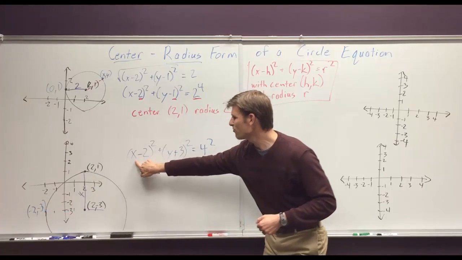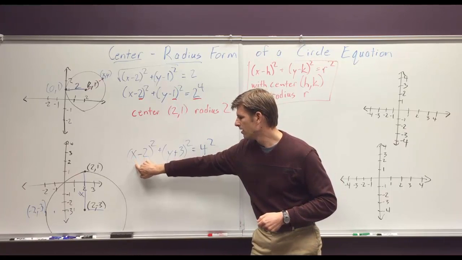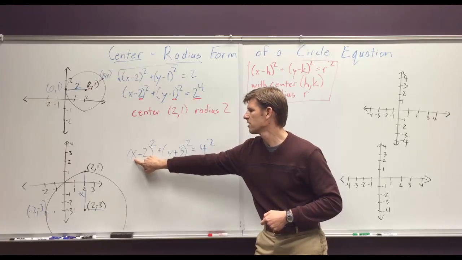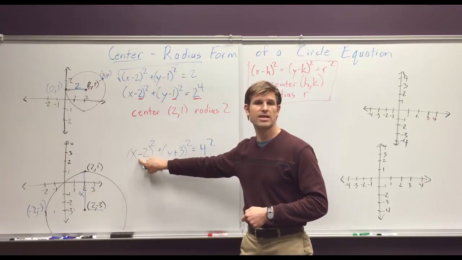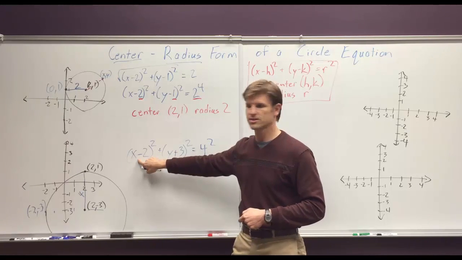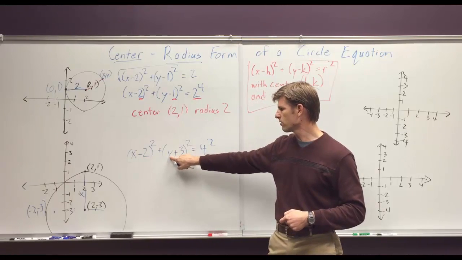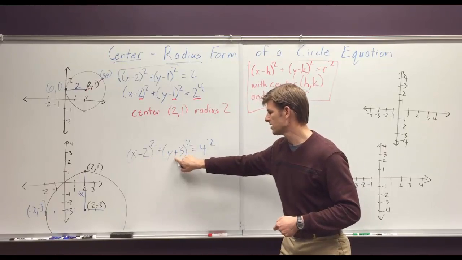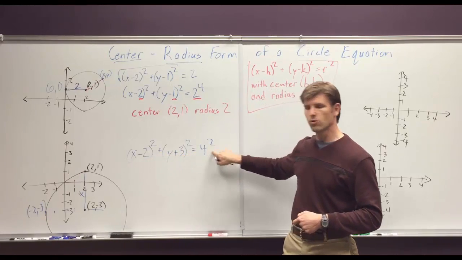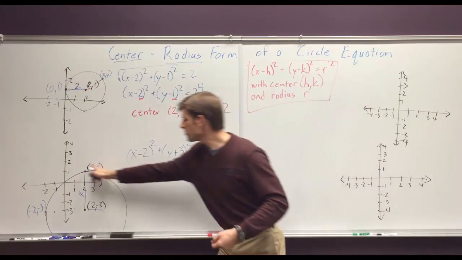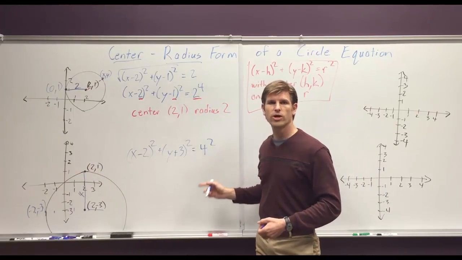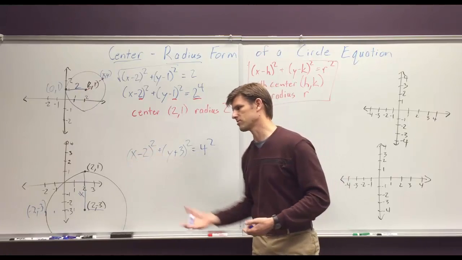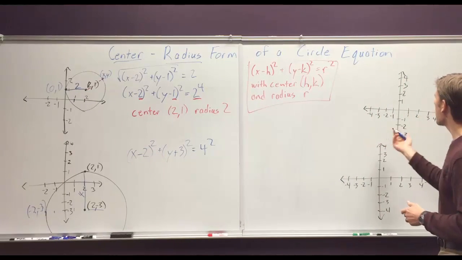But the point is, if you plugged in that point in here, if you plugged in -2 for x, you would get out -4. -4 squared is 16. If you plugged in -3 for y, you get 0 squared. So 16 plus 0 is equal to 16, right? Every point on that black line satisfies this equation. Every point that's not on the black line doesn't satisfy the equation. That's why it's the equation for a circle. You can go backwards too.